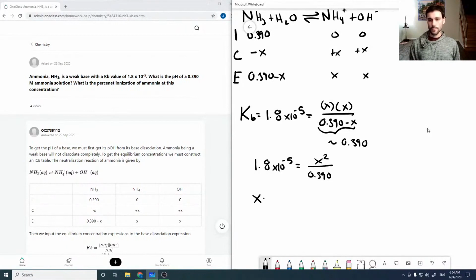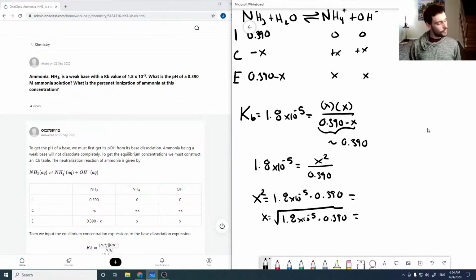So then X squared is 1.8 times 10 to the minus 5 times 0.390, which is equal to, okay, so then X is the square root of this. And I have that value, so that would be 2.6495 times 10 to the minus 3.